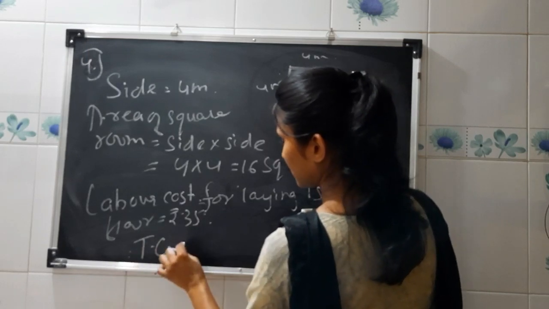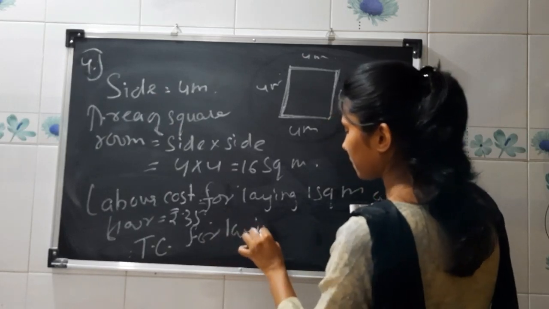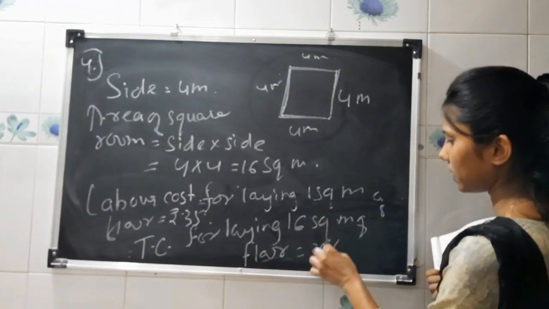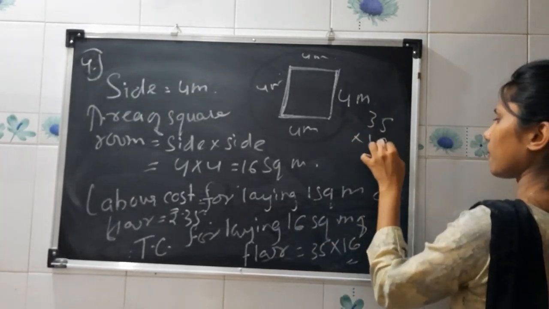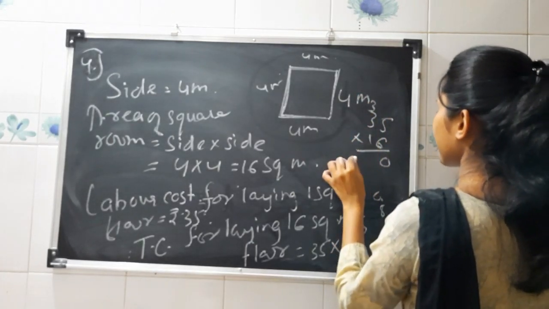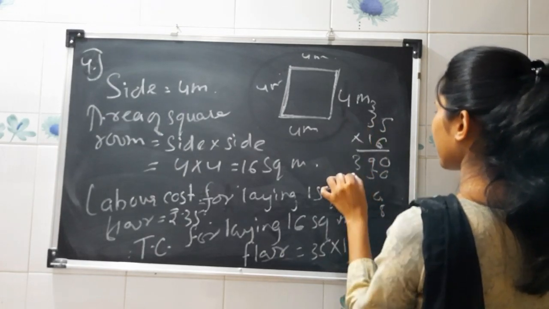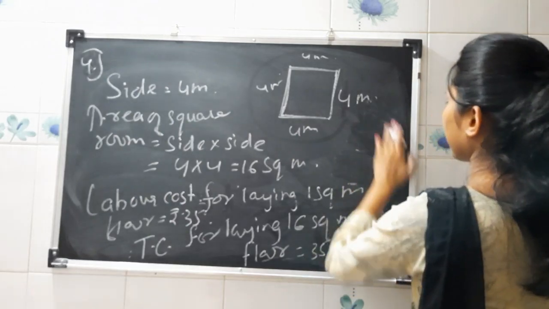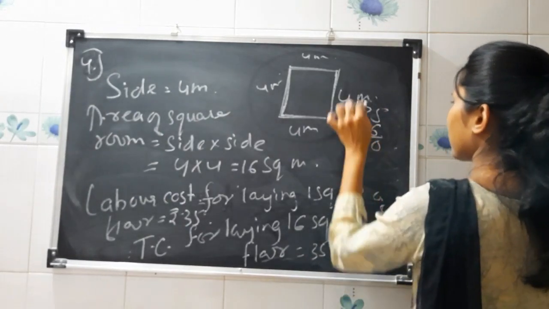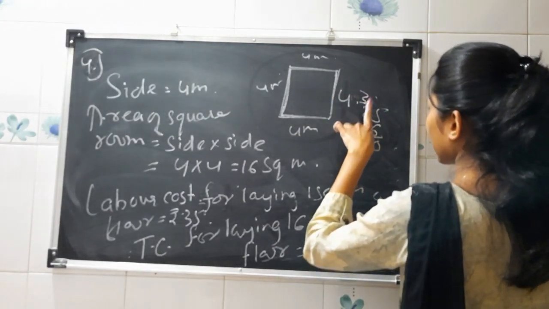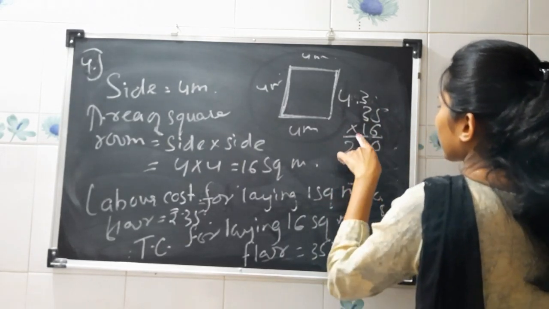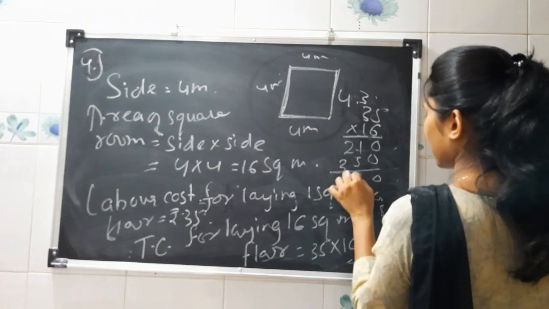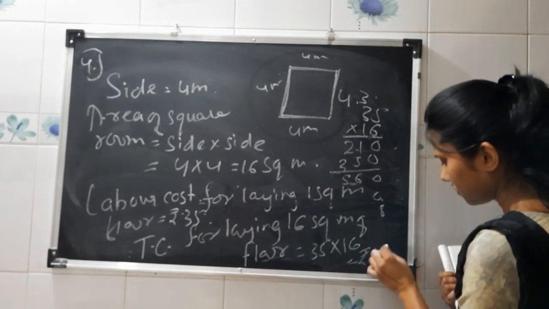Total cost, therefore the total cost for laying 16 square meter of floor is equal to 35 multiplied by 16, rupees 560.